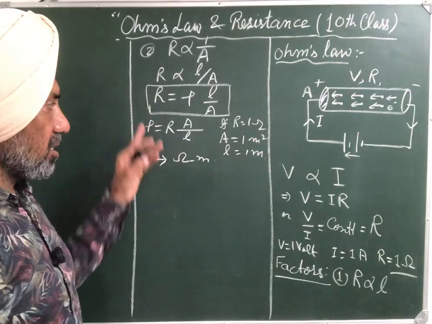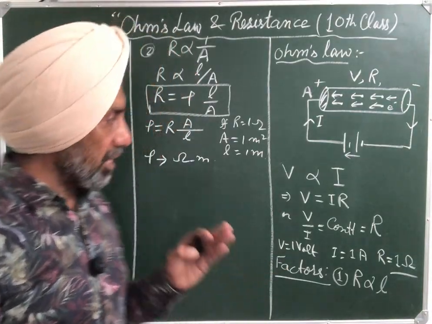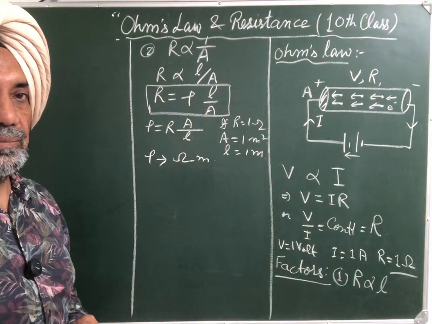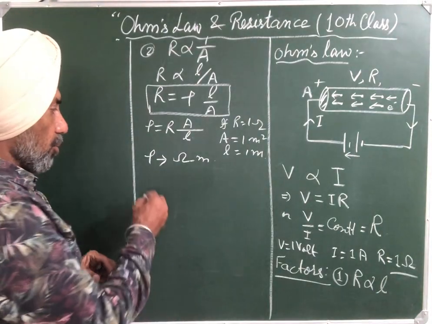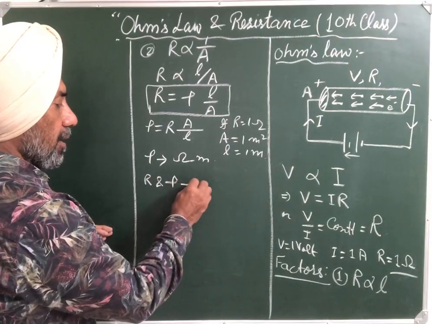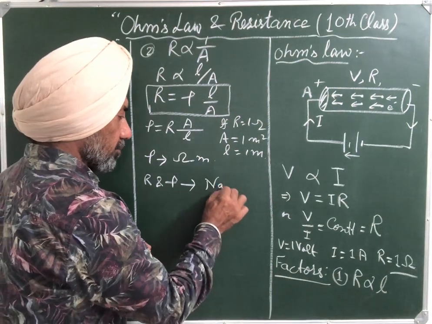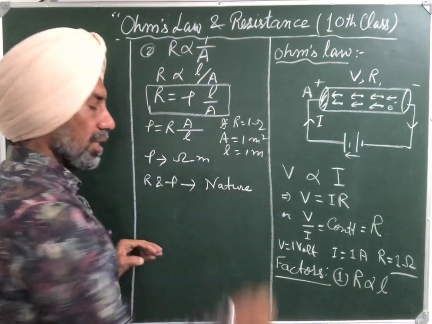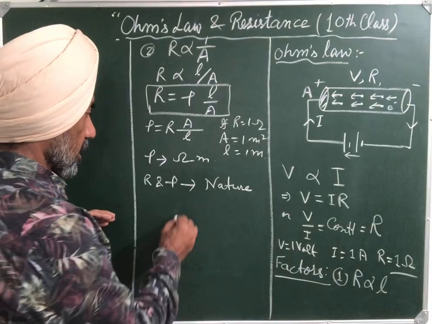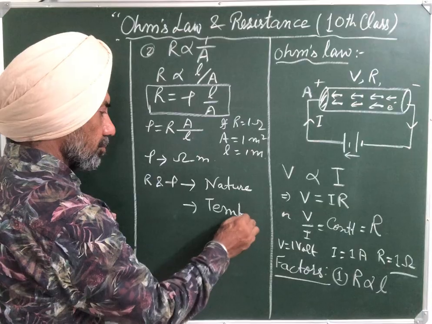Both resistance and resistivity depend, first, upon the nature of the material of the conductor, and second, upon the temperature of the conductor.